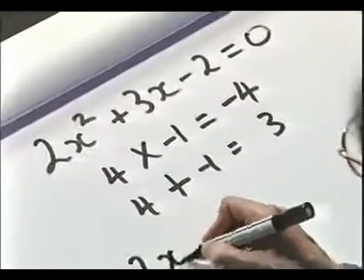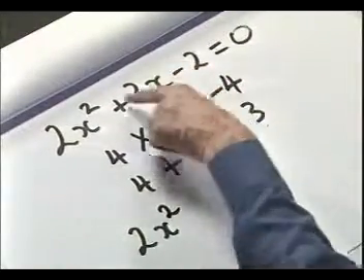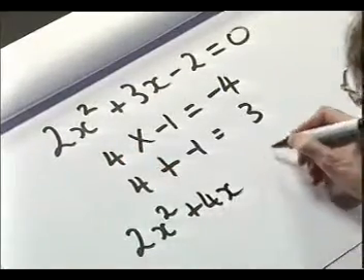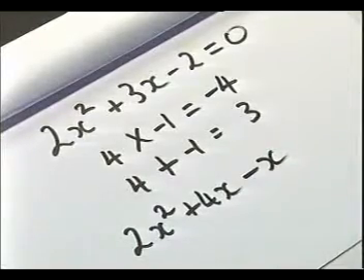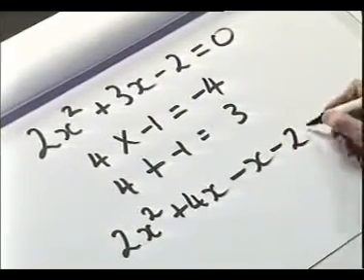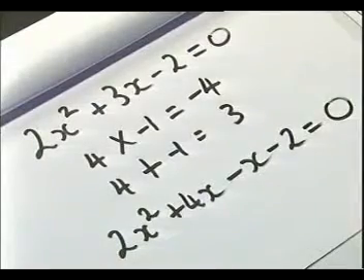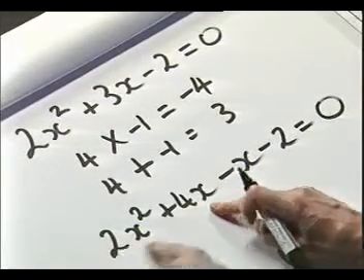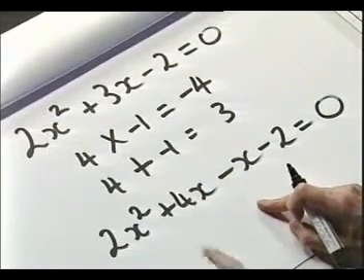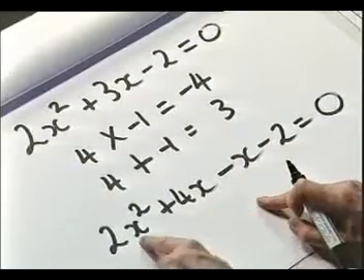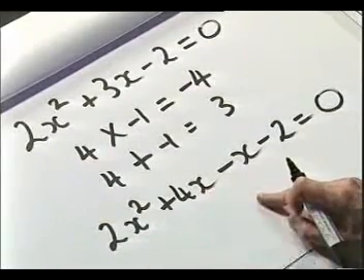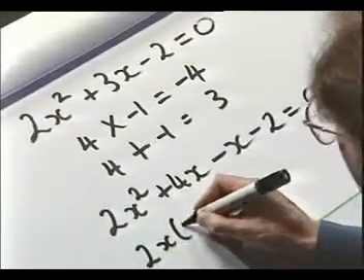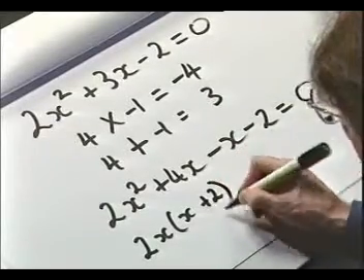So again, 2x squared, and then the x term we can rewrite as 4x minus x minus 2 equals 0. And we look at these two terms for a common factor, and there's a 2 here, and 4 is 2 times 2, and there's an x and an x in the x squared and an x with the 4x. So our common factor there is 2x, leaving us with x plus 2.